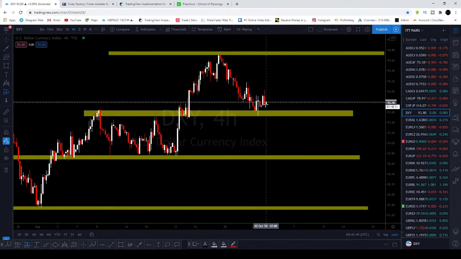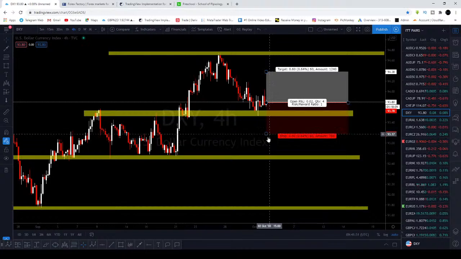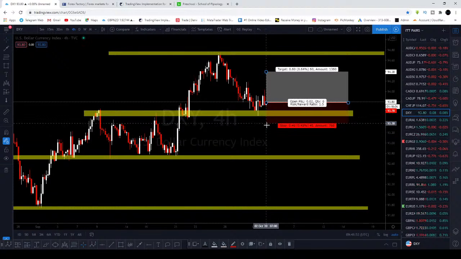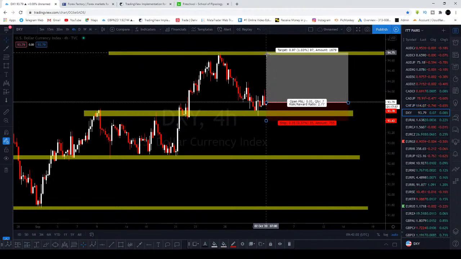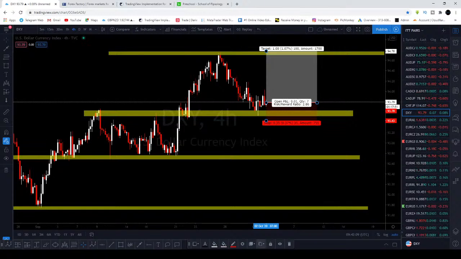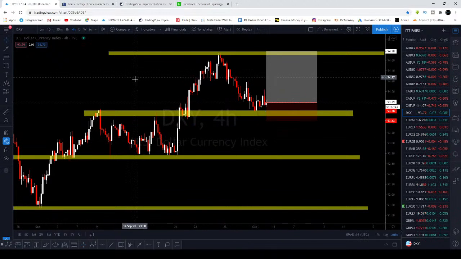The next thing that is going to happen for this DXY: your stop loss is going to be below this, 35 pips to make 100 pips. As you can see, that's it. And Euro USD is going to sell while this is buying.